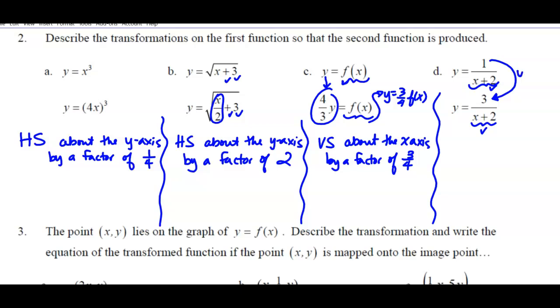So this is the original. Now I've multiplied it by 3. Okay, so that's the same as replacing y with 1 over 3 y. This tells you that it's a vertical stretch.